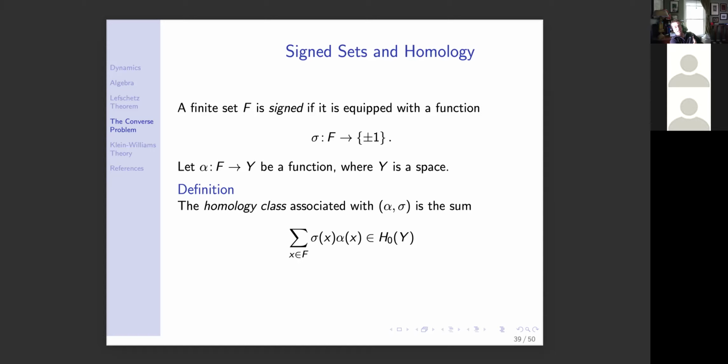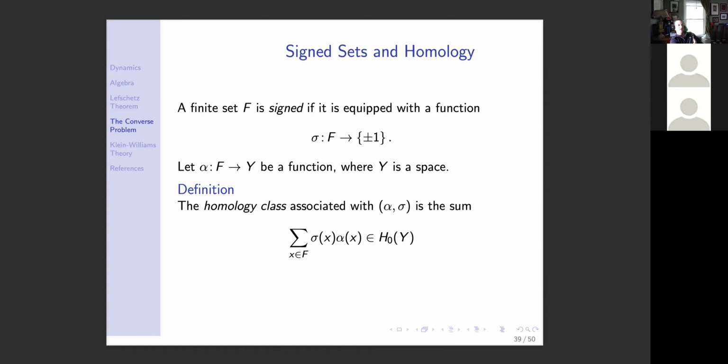It's a formal sum, and that gives rise to a zero-dimensional homology class. So a signed set with a function gives you a zero-dimensional homology class. This is a way of reinterpreting zero-dimensional homology classes, if you wish. Every zero-dimensional homology class can be interpreted in this way. That's kind of a neat way to think of it.